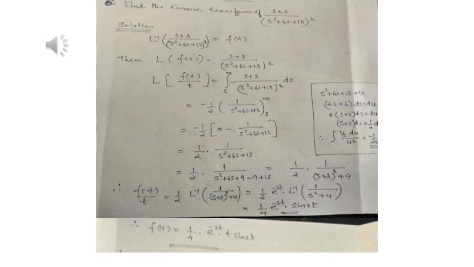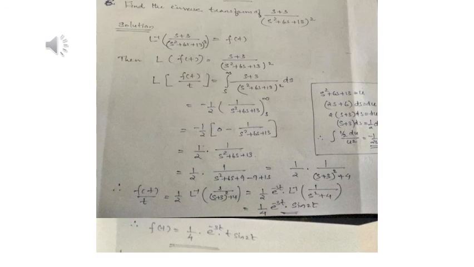So let us see. So L of f of t by t is integral s to infinity s plus 3 by s square plus 6s plus 13 the whole square ds. So in the denominator it is a 4th degree polynomial. Then in order to integrate, substitute s square plus 6s plus 13 is equal to u. Then taking derivative, it is 2s plus 6 the whole into ds is equal to du.